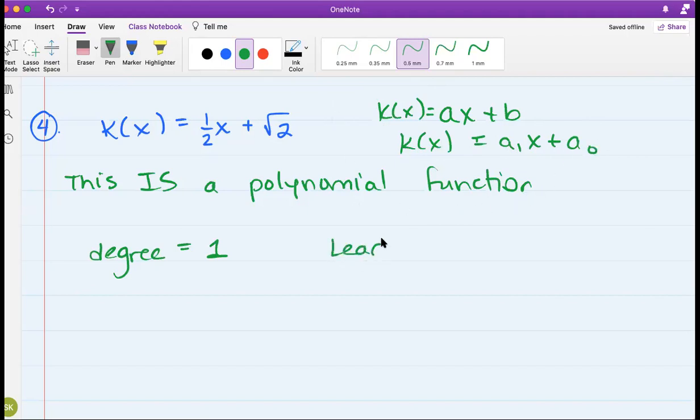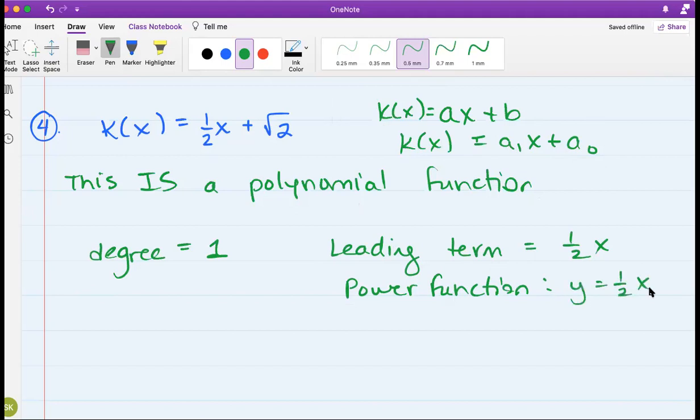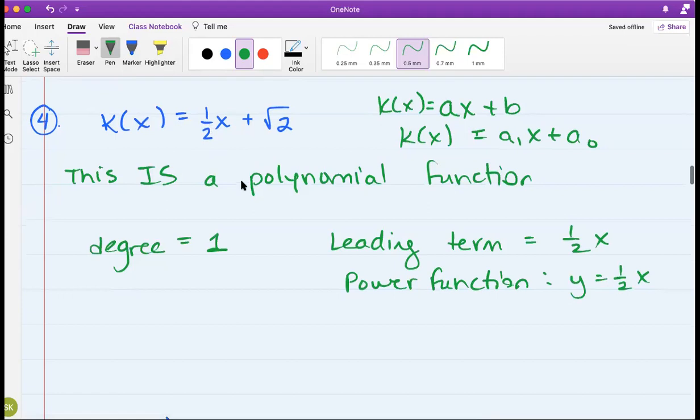Okay, the leading term is 1/2 x. So the power function that's attached to this is y is equal to 1/2 x. We already know how to graph this. We know how to find the y-intercept and then use the slope to finish this line.